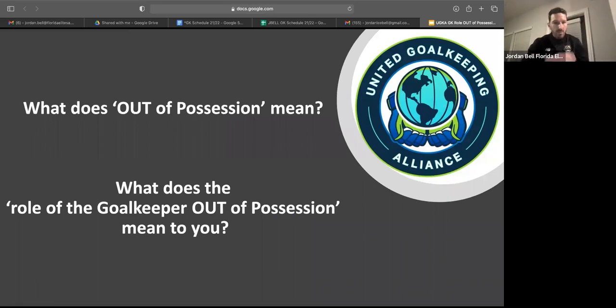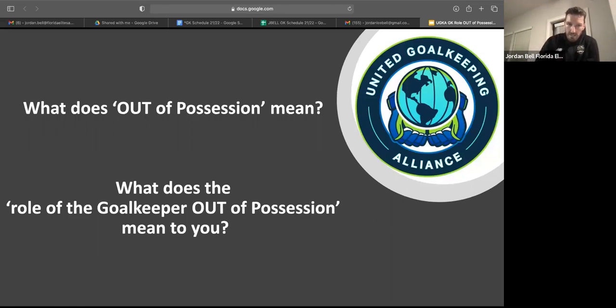So right now in the chat function or on your piece of paper, what does out of possession mean? And I just told you the answer there. And then what does the role of the goalkeeper out of possession mean to you? So again, this is the second question. We can just start throwing out some answers and we can look at them and we can build off of those.